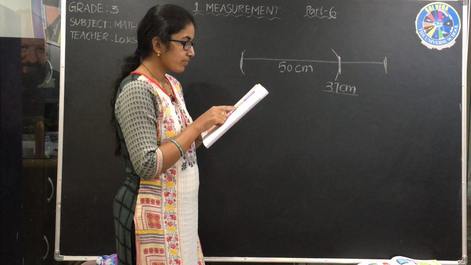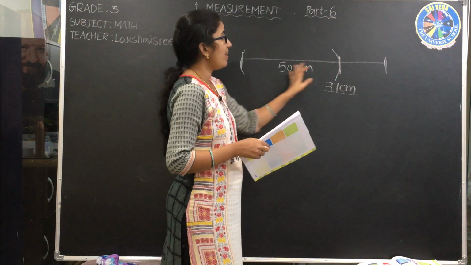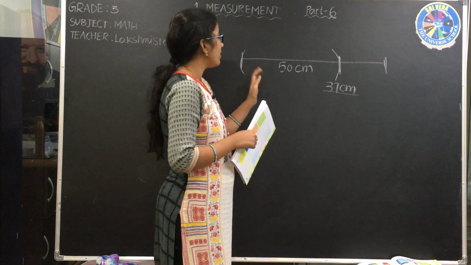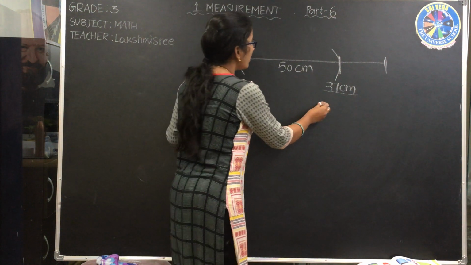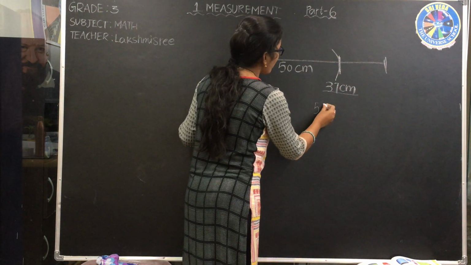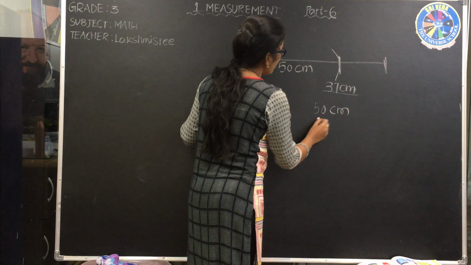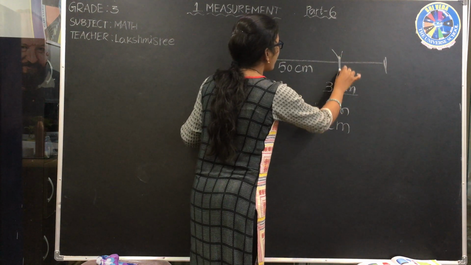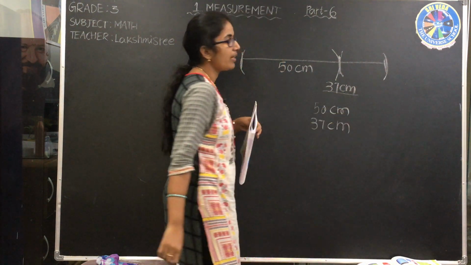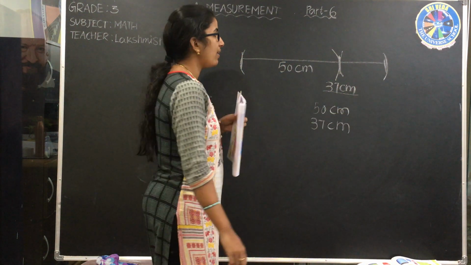Now, how much is left? The total is 50 centimeters and how much did he use? 37 centimeters he used. Then how much is left, children? We have to find out.